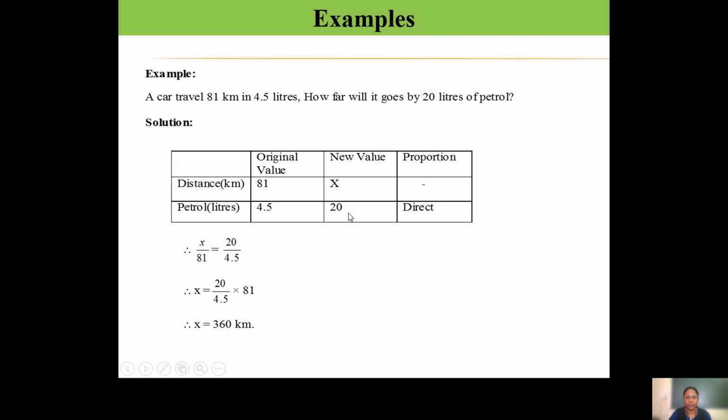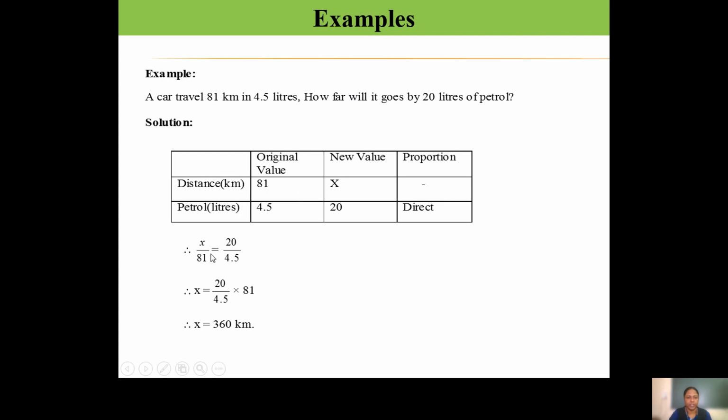After writing this in tabular form, like original value and new value, we'll identify the proportion between distance and petrol. You can easily see that distance and petrol are directly proportional. If the car wants to travel a greater distance, it requires more petrol. So it is directly proportional. Now we'll write this in ratio format, new value upon original.